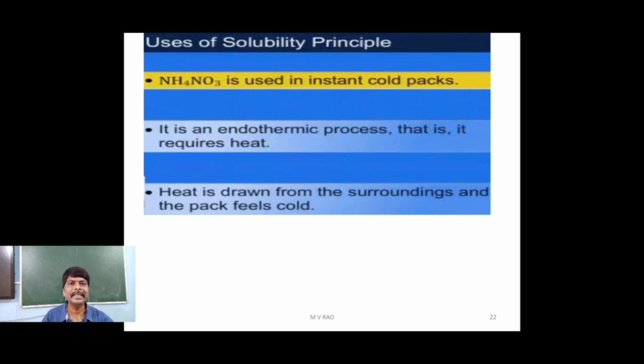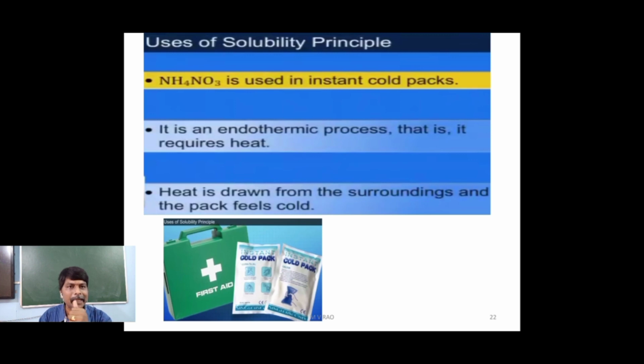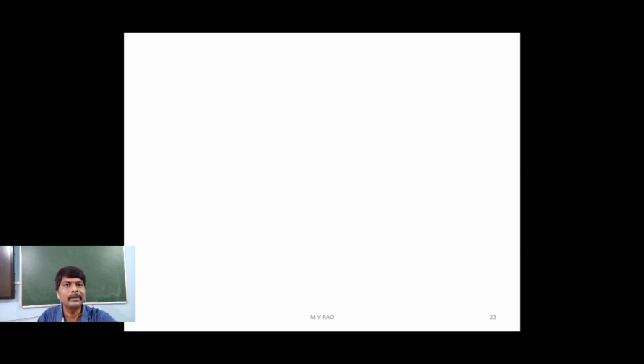It absorbs heat from the surroundings and automatically becomes like an ice-type substance. Heat is drawn from the surroundings and the pack feels cold. So you make instant cold packs. This solubility principle is used.